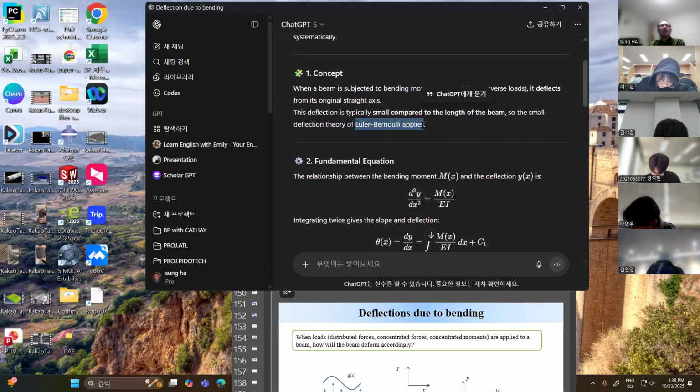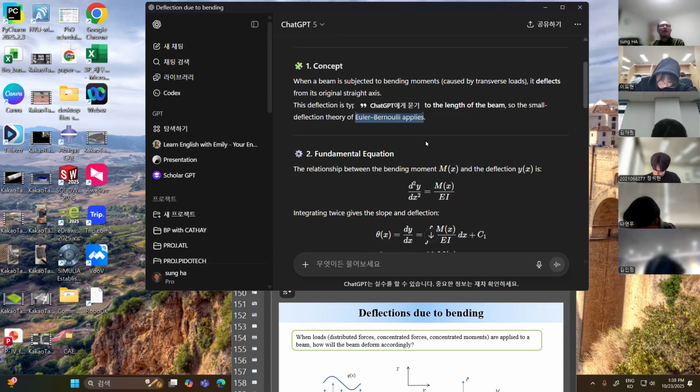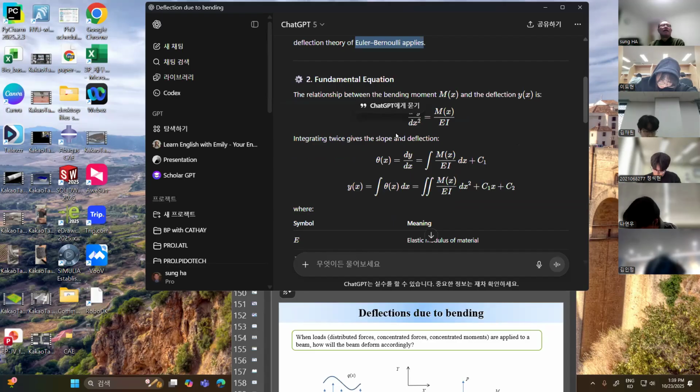We haven't covered this one yet, but technically speaking, it is called the Euler-Bernoulli equation. Now, the fundamental equation gives the relation between the bending moment M and the deflection y(x).